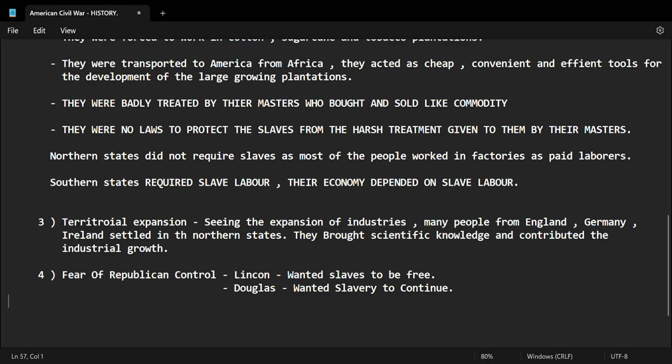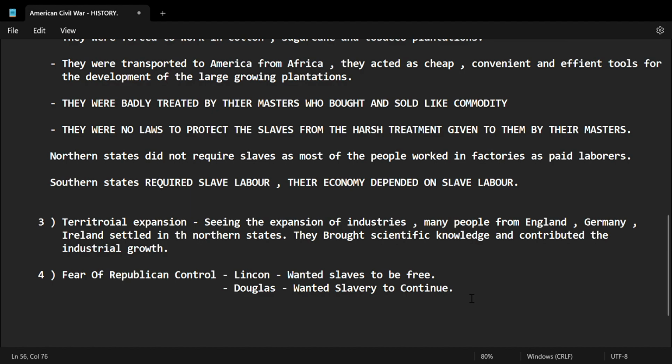Now, the Southerners feared that if Lincoln became the president of the USA, he would have all the rights, and as he had promised, he would abolish slavery. Even if Lincoln could not do that, the Northerners would.